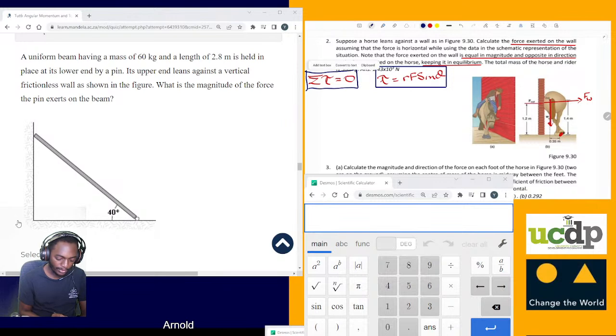Okay, so what do we do now that we have identified the forces and chosen the pivot? We should remember that we are looking at the distance to the pivot, which is our r.